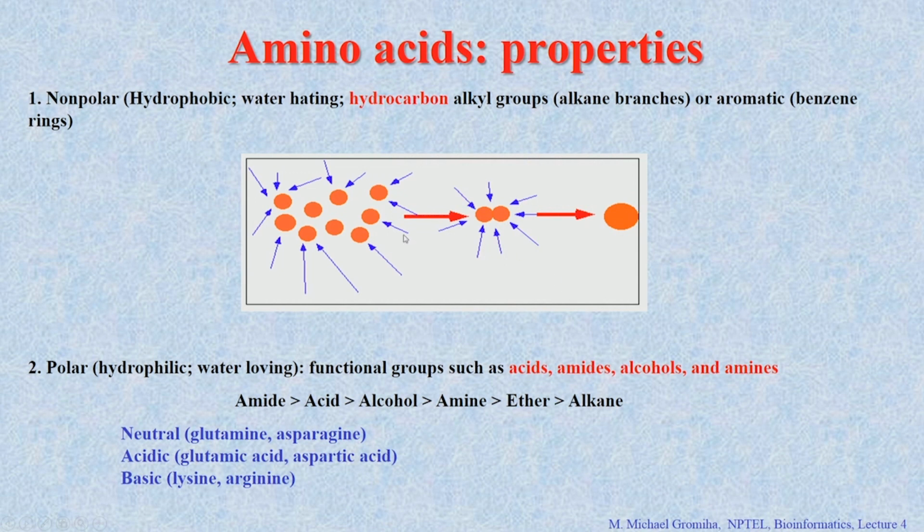So, what are the various properties of amino acids? The 20 amino acid residues are classified into 2 different groups, as well as they belong to different chemical groups. Due to the chemical groups, they form different types of interactions. First one is the non-polar residues or the hydrophobic residues, right. So, mainly with alkyl groups or aromatic groups, these residues tend to form the hydrophobic interactions.